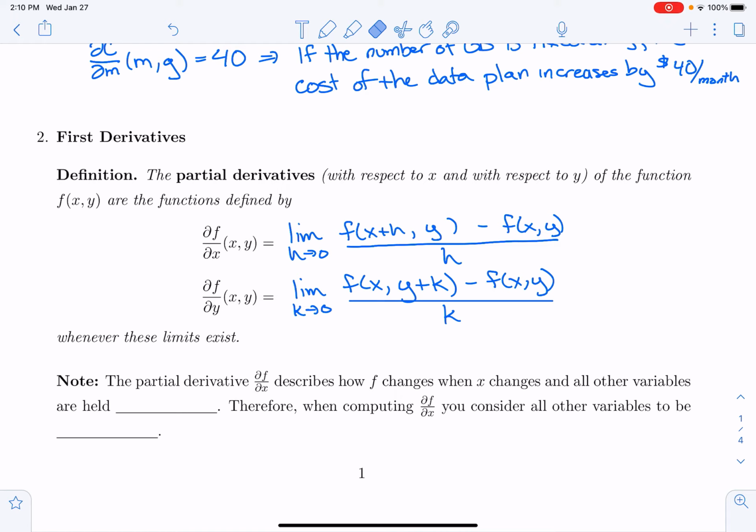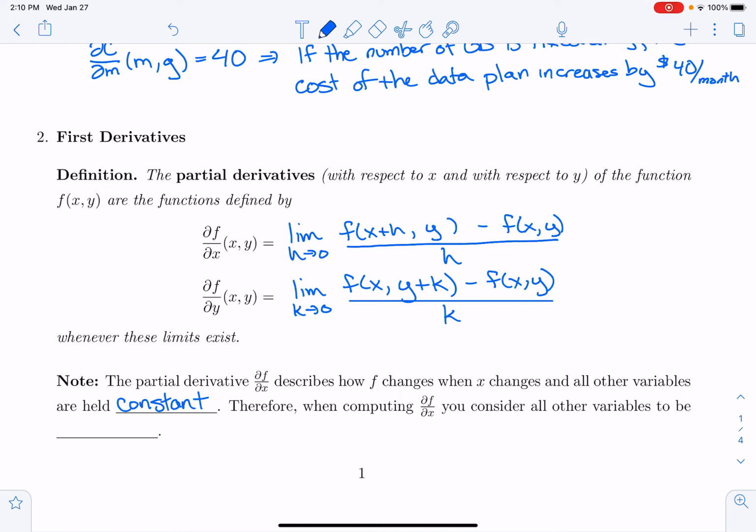Now let's make a note. The partial derivative, df/dx, describes how f changes when x changes and all other variables are held constant. So in fact, if we have more variables, we can have x, y, z, w, etc. df/dx is always going to be changing x and leaving all the other variables constant.